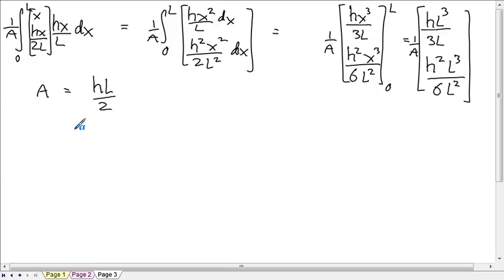And so you get 2 over HL times HL squared over 3. And for the y component, h squared L over 6.